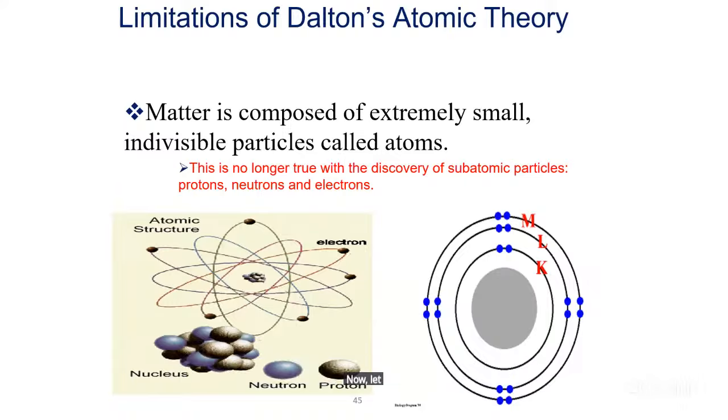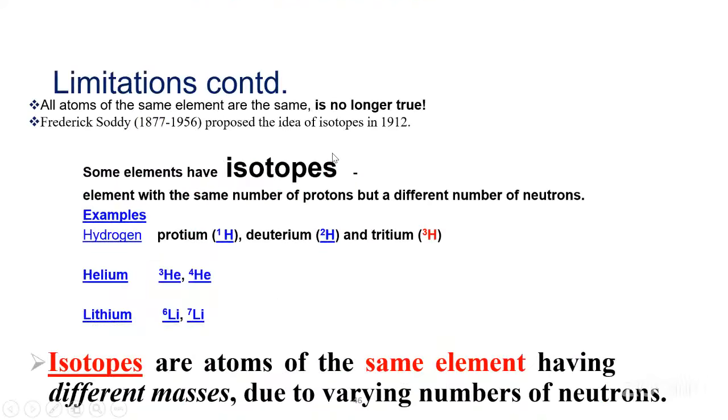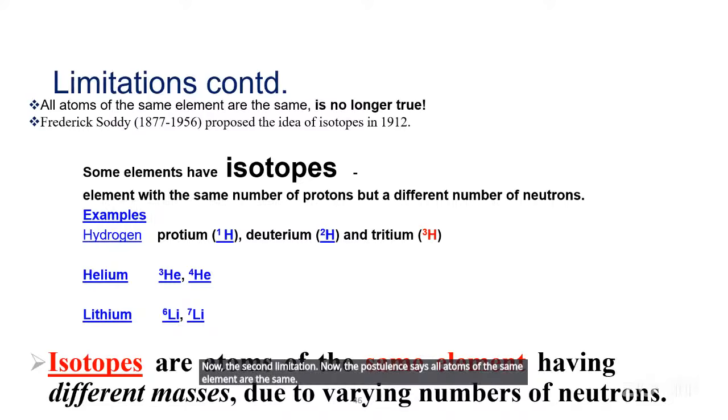Now let's go to the second limitation. The postulate says all atoms of the same element are the same. We know that with the idea of isotopes, discovered by Frederick Soddy, this is no longer true.